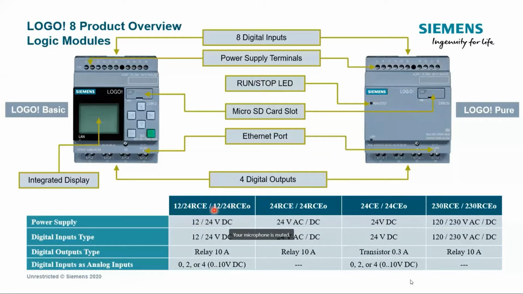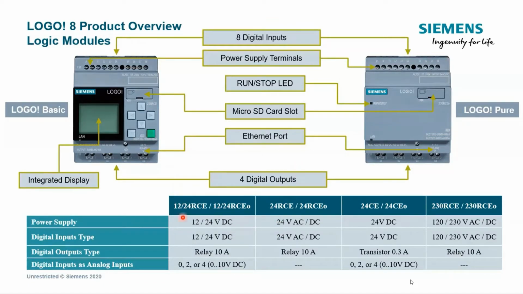You can see that here we have the same type but with a small O after that. This indicates a pure version of the logic module. So this is always the basic version. The one that has a small O after it is the Logo Pure version. And you can see that we have 4 from each of them. We have 4 different types.